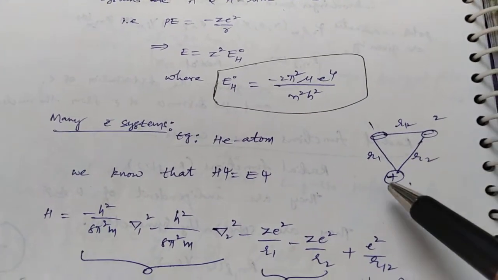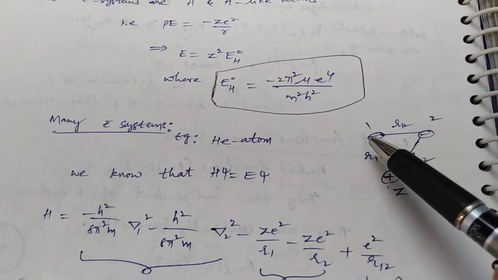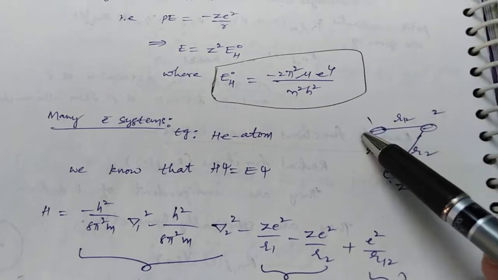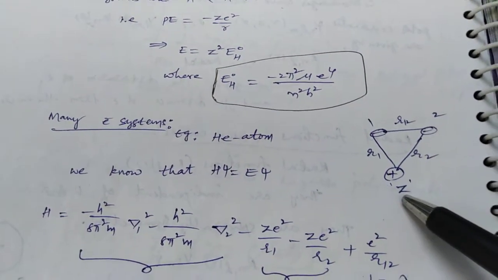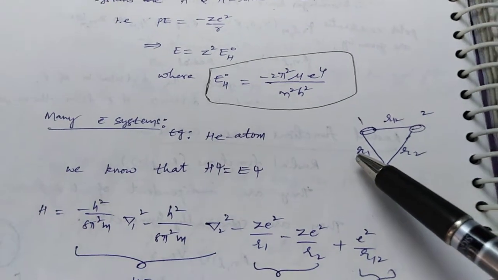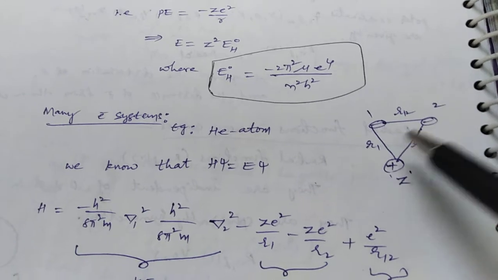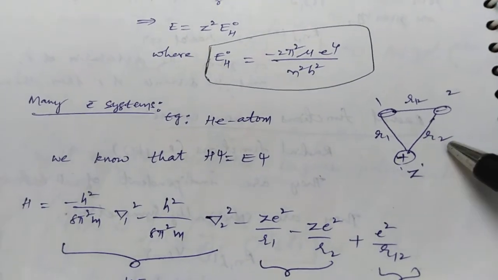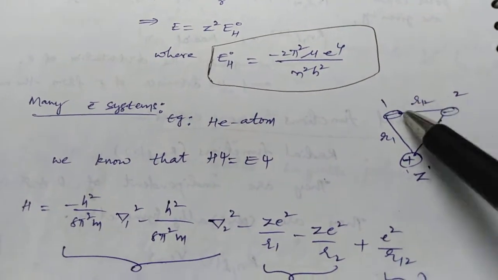Plus indicates the nucleus, minus charges indicate electrons, first electron, second electron, Z is nucleus. The distance between the first electron and the nucleus is R1. The distance between the nucleus and the second electron is R2. The distance between the two electrons is R12.